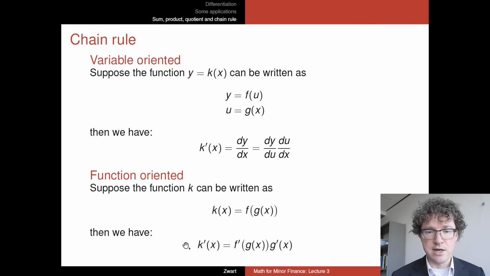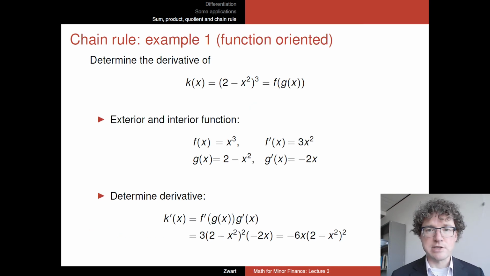In that case, the derivative of k, or k prime, is given by the chain rule as being the derivative of this interior function, g prime, multiplied by the derivative of the exterior function, f prime, evaluated at g of x, so with plugging in g of x as its argument.